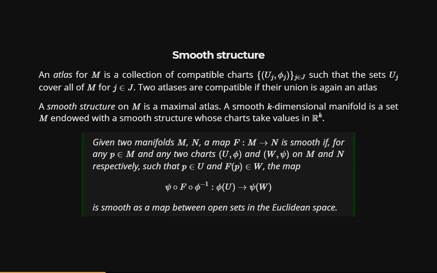Now, what is a smooth map? Now everything is easy in a way, because a smooth map is a function between two manifolds which is smooth in every chart.